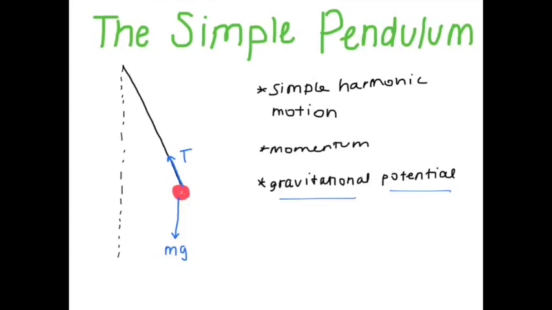We have mg, or the force of gravity, the bob's weight, and then we have tension, which is pulling up on the string. Now, if I were to draw the 2 components of the bob's weight using these axes, there's this x component that would point in and pull the pendulum along its path of motion. That's the restoring force that keeps it in simple harmonic motion.